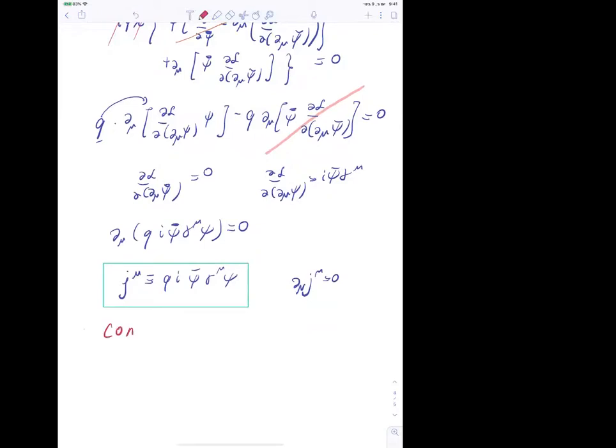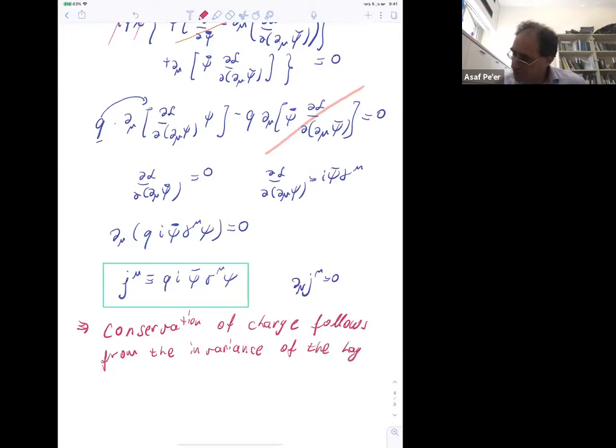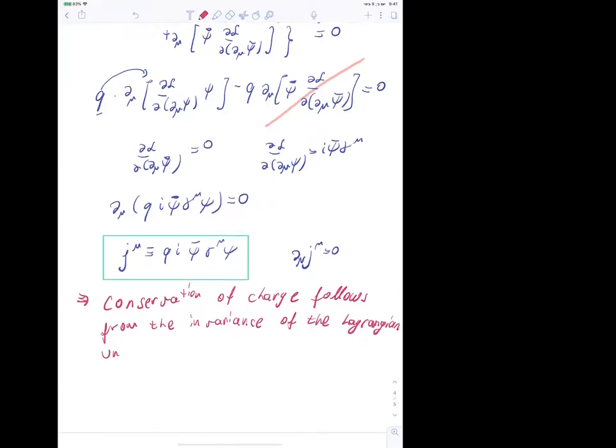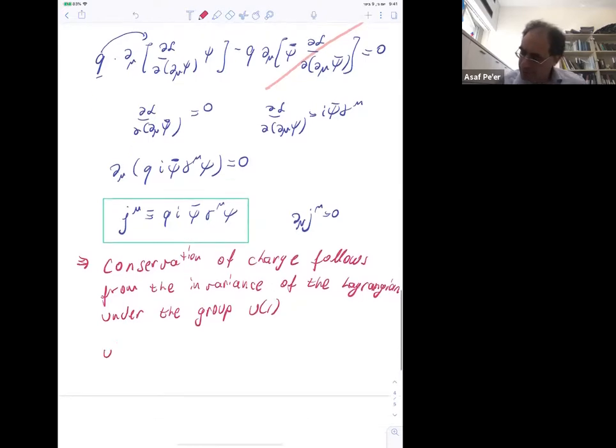Conservation of charge follows from the invariance of the Lagrangian under the group U1. U1 means 1-by-1 unitary matrix.